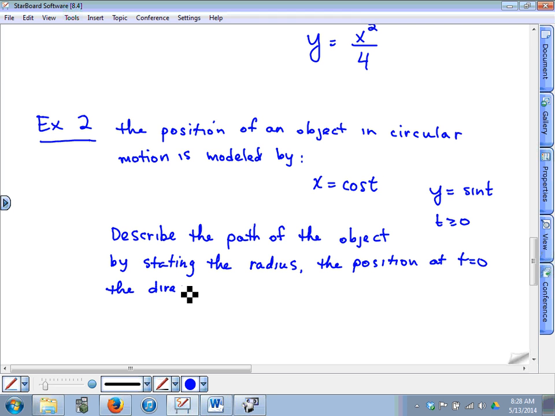The direction, meaning does it travel in a clockwise direction or a counterclockwise direction? Holy moly, and if that weren't enough, and the time it takes to go around the circle, to go around one revolution. Wow.